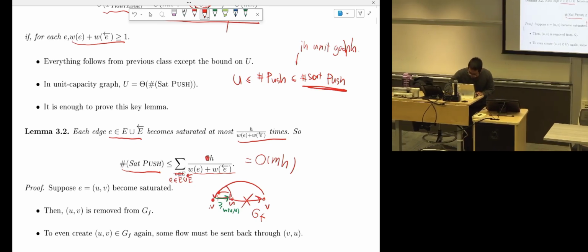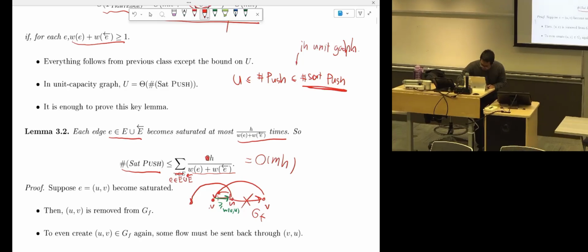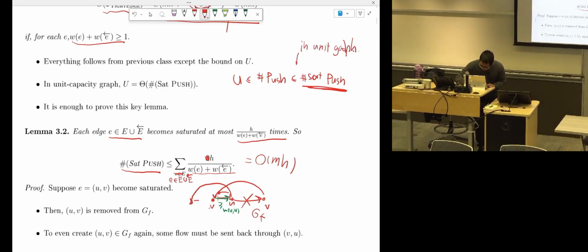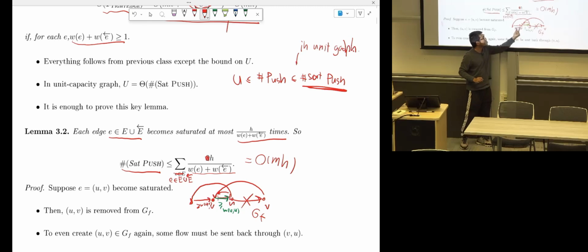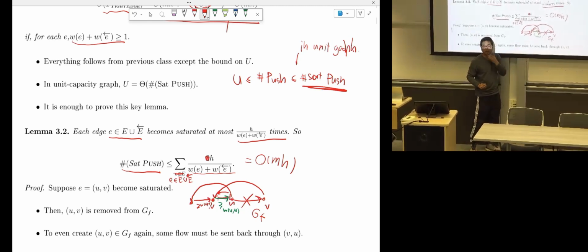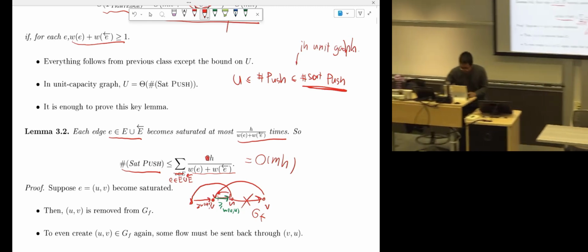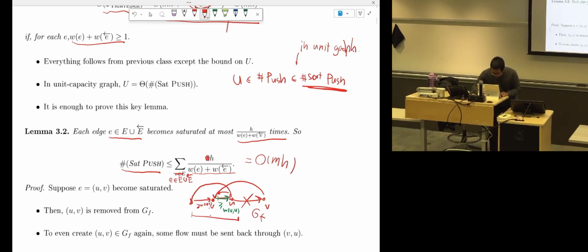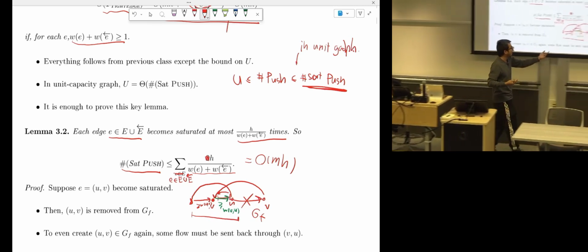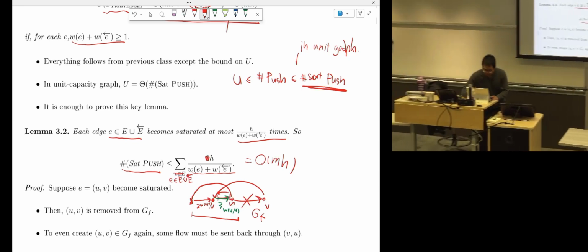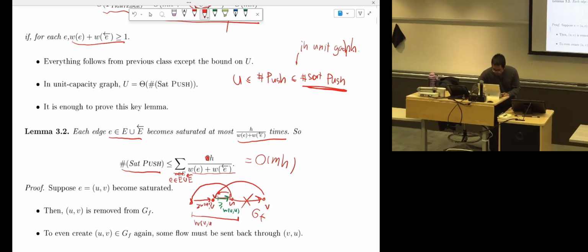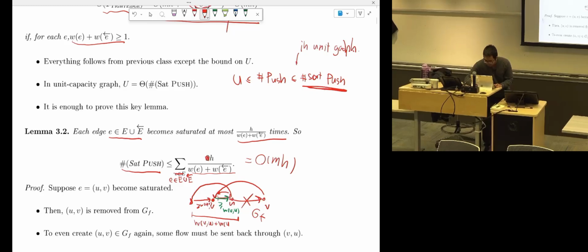So the level of U here needs to be here, and this edge from U to V needs to be stretched by W of U V. So in total, the level of U must have increased its level by W of VU plus W of UV.